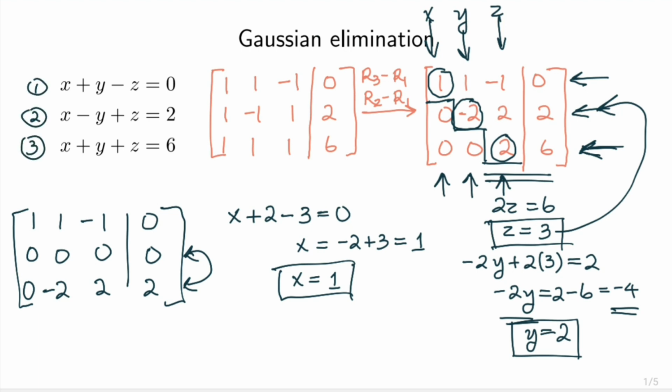So swapping two rows is basically a renaming of the equations. So if instead of calling this equation 2 and calling this equation 3, you decide to call this one equation 3 and call this equation 2, that's equivalent to swapping two rows. So you can do that and it doesn't change the solution of the system. That's how come we can do it in the matrix here too.